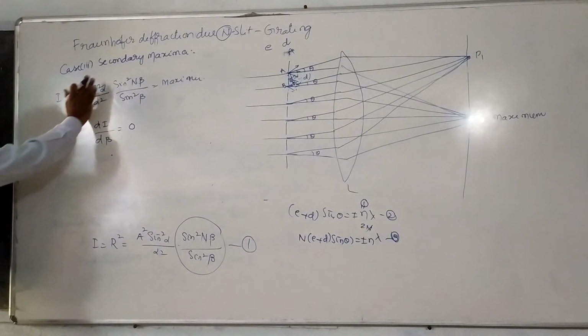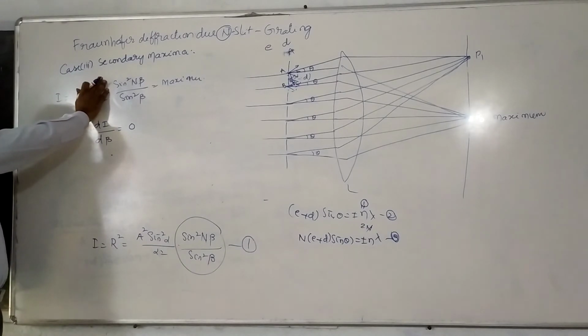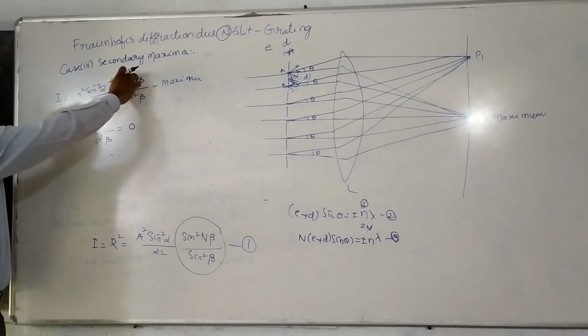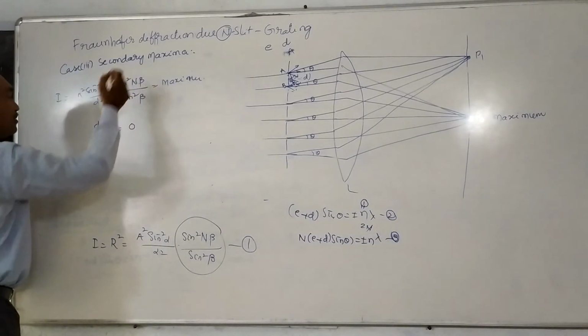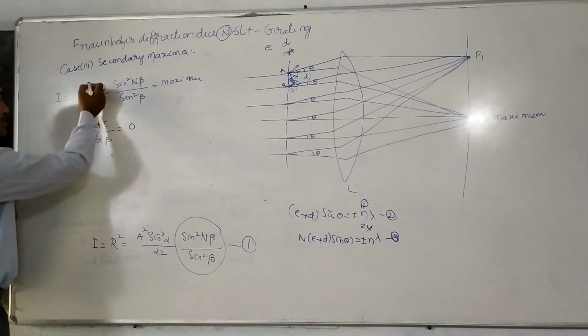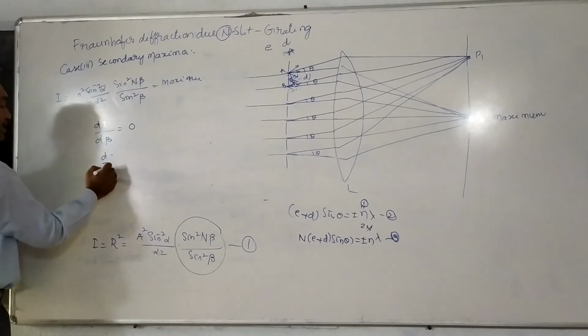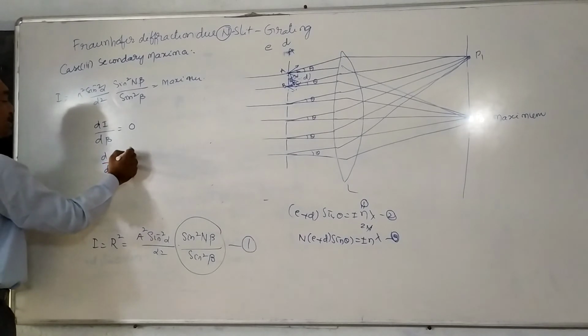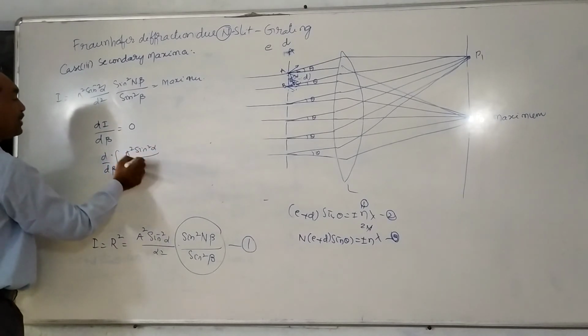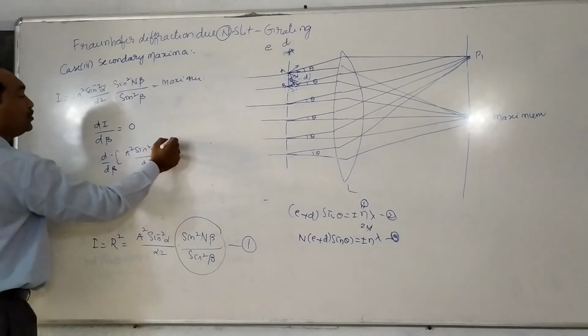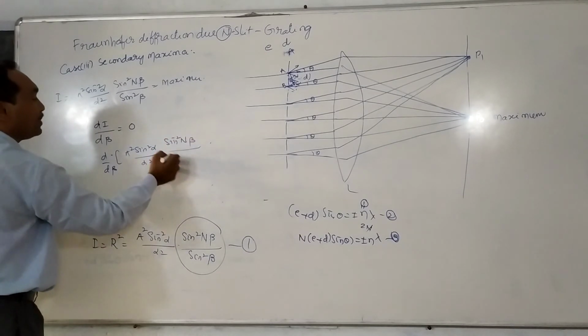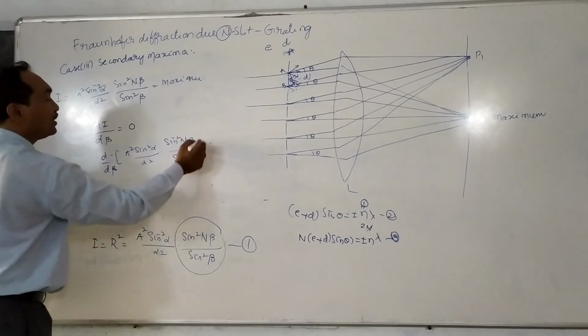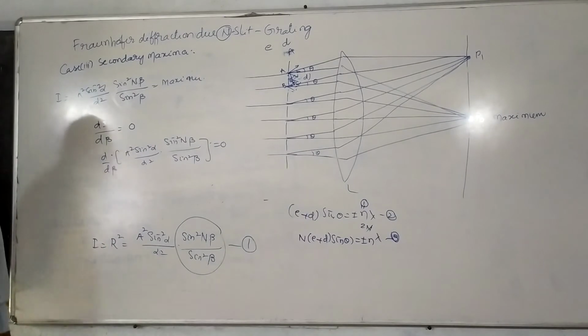Of course, this is constant. Am I right? This is constant. When we take this term, that is differentiation of this, d by d beta of a square sin square alpha by alpha square into sin square n beta by sin square beta is equal to 0.